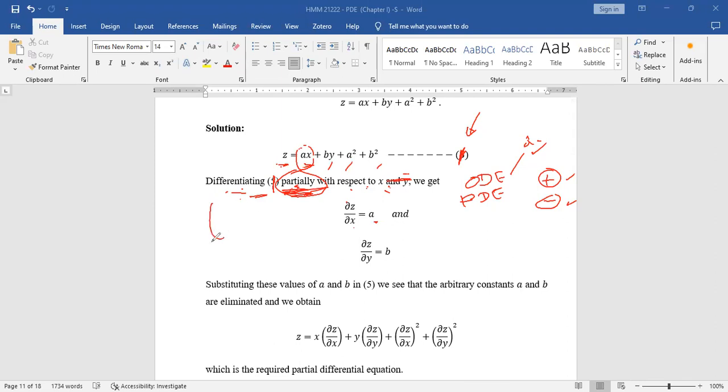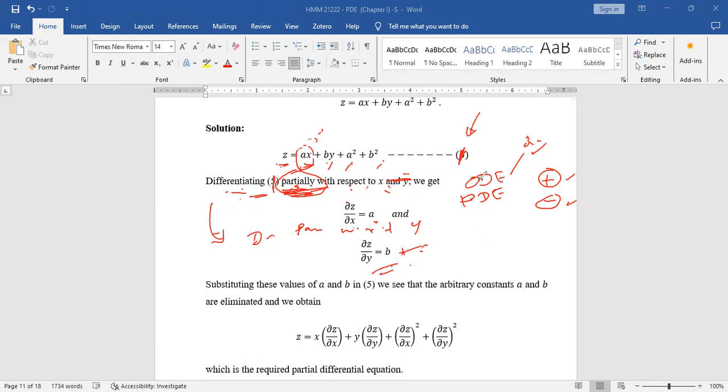Again, differentiate partially with respect to y. Your choice. If you differentiate with respect to y, del z over del y, this one will be 0 because there's no y. Here y only, so b. These are constants, so all the other terms will be 0. You don't need to write that. You can write del z over del y is equal to b.